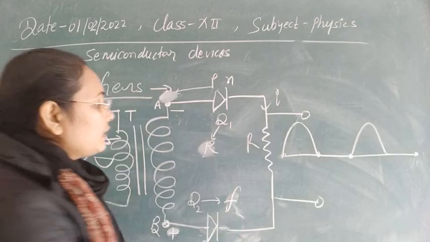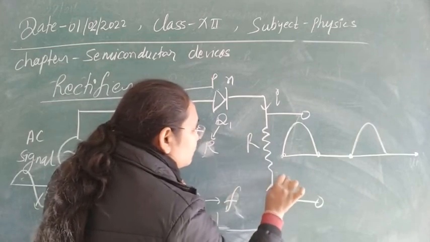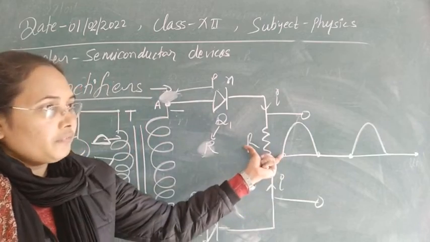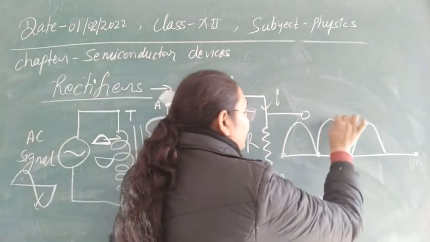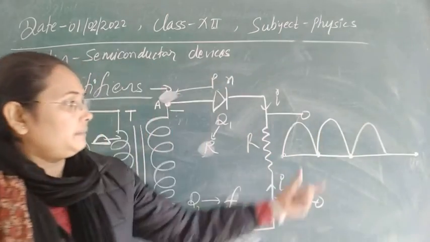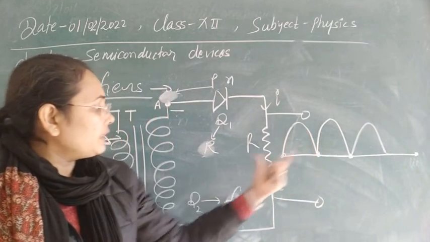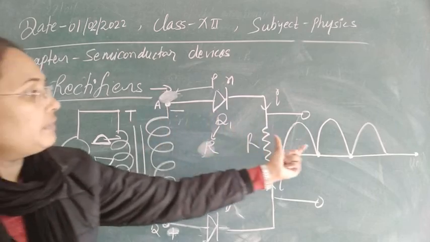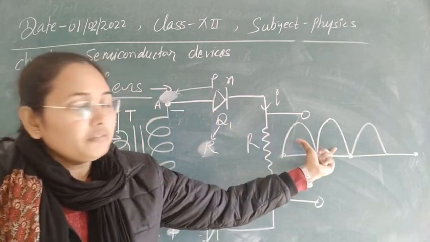So current will flow from diode D2 to the load, and again, due to the load, we get output current in the loop. It means we get an output signal for both cycles, positive and negative, but the current flows in only one direction.